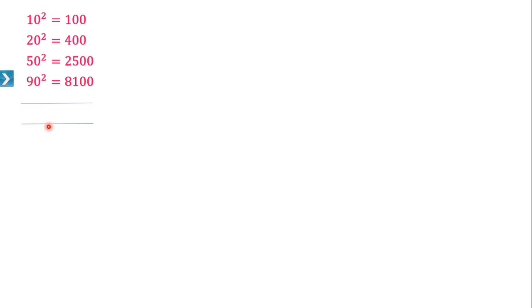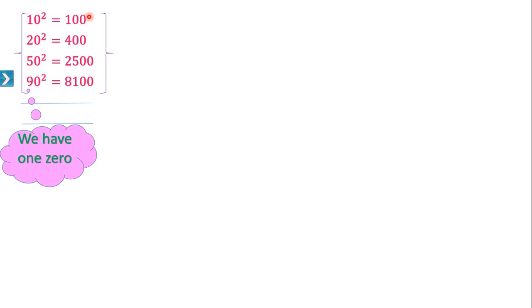Write two more examples of a square of a number which ends with 1 zero. See here, on the left hand side we have 1 zero, and on the right hand side we have 2 zeros. So from this what we can say? If a number ends with 1 zero, then its square ends with 2 zeros.